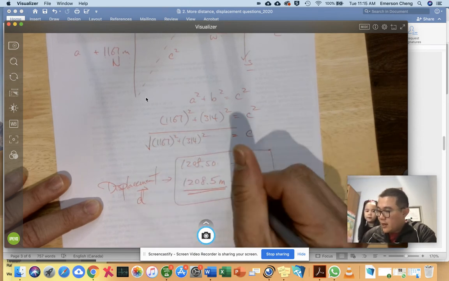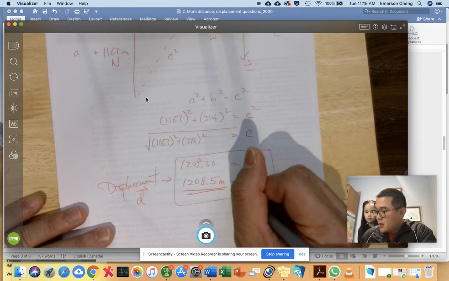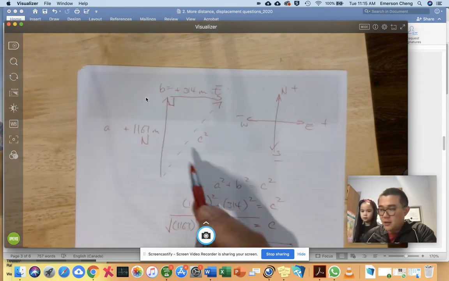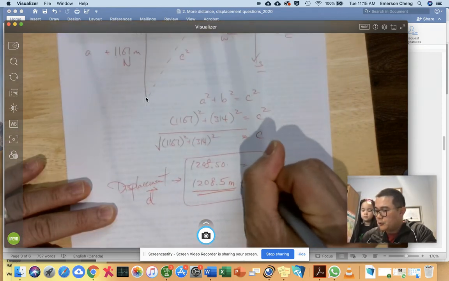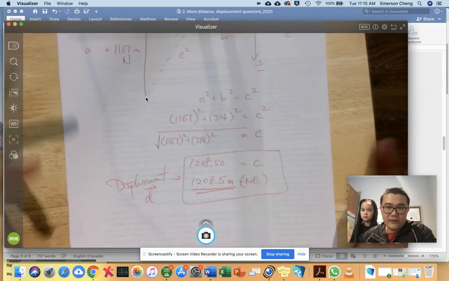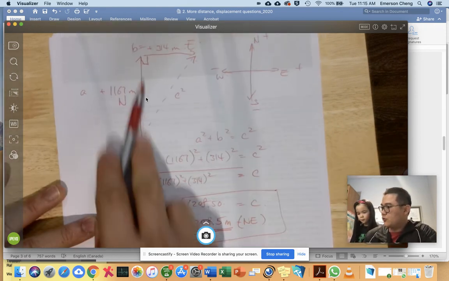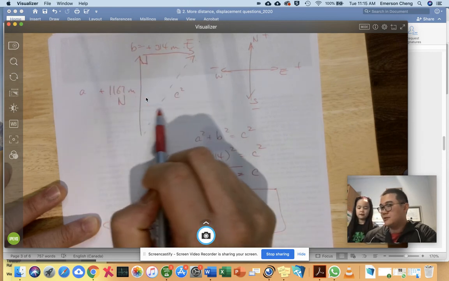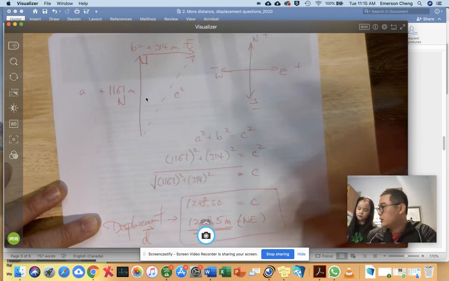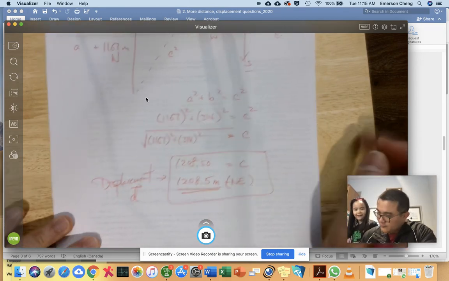Displacement in meters, and you have to show direction. The direction will be northeast. We're not being very precise about northeast, with how many degrees of angle, but it's going up north and then a little bit east, so it's northeast. You're not saying the angle, which later on you will have to learn how to do.